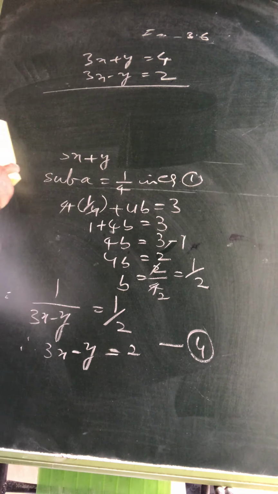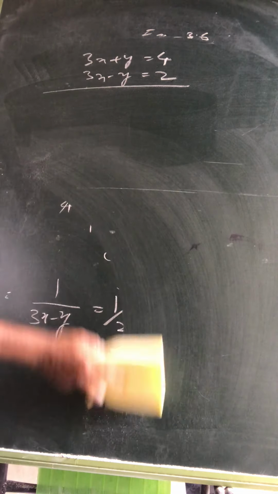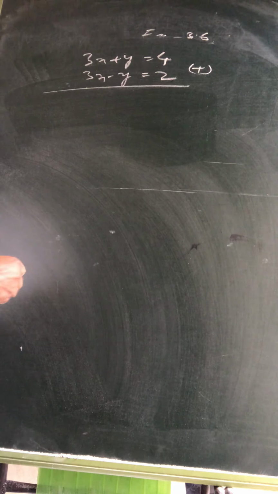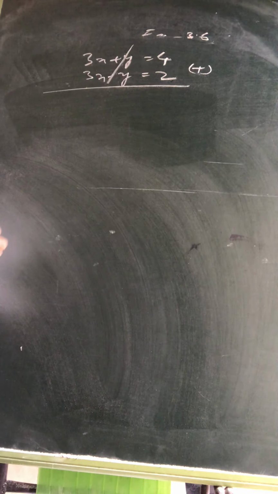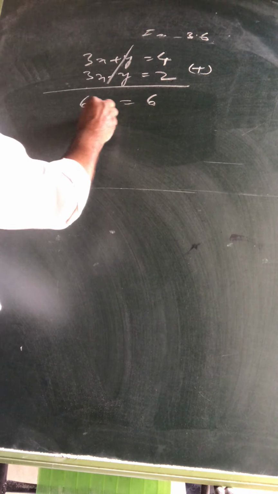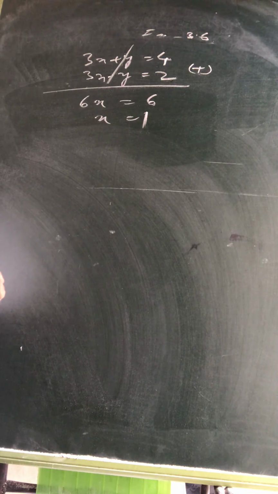Yes. Now we are solving to calculate this. By addition we are able to eliminate y. Plus y minus y cancel. 6x is equal to 6. x is equal to 1.